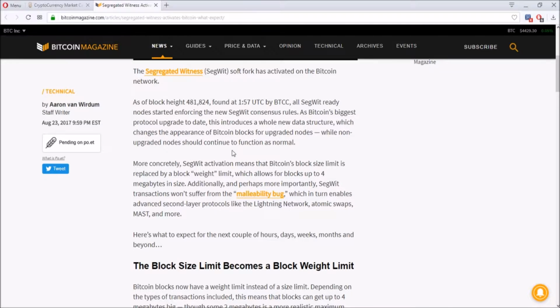So what Segwit did to Bitcoin is that it went through a soft fork, which is a couple of changes that doesn't change the whole coin to another coin, but just a minimal change that might interrupt some activities, but not as much as a hard fork.